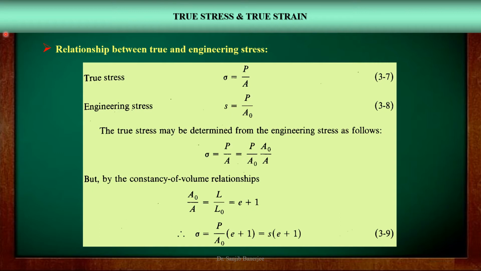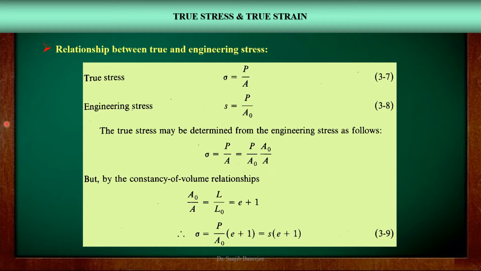Now, the true stress can be evaluated from the engineering stress value. The true stress sigma, which is equal to P by A, can be rewritten as P by A0 into A0 by A.